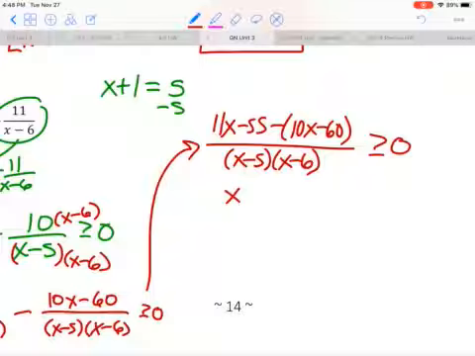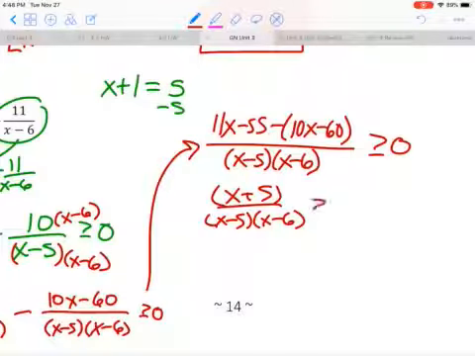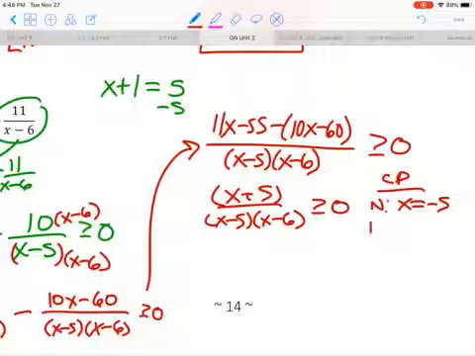We end up getting x plus 5 over this, and I'm going to put parentheses around that. Our critical point in the numerator is just x equals negative 5. Remember, we undo it. In the denominator, we have 2: x equals 5 and x equals 6.